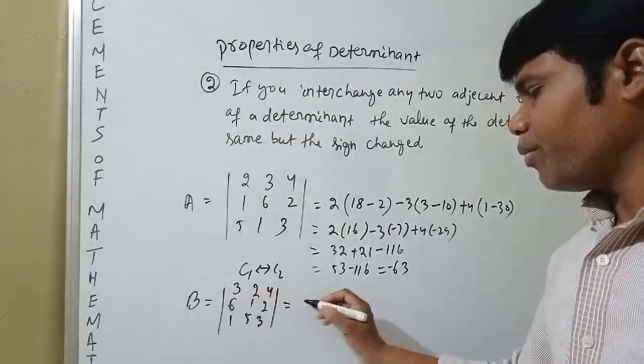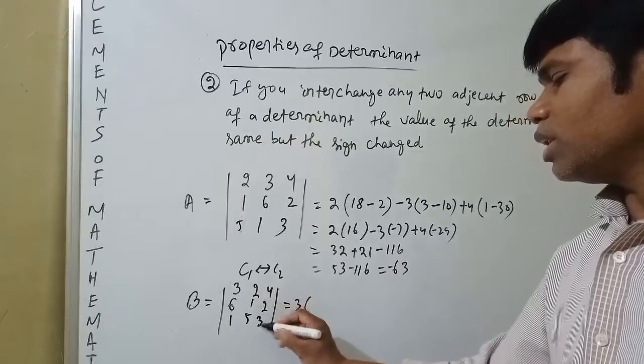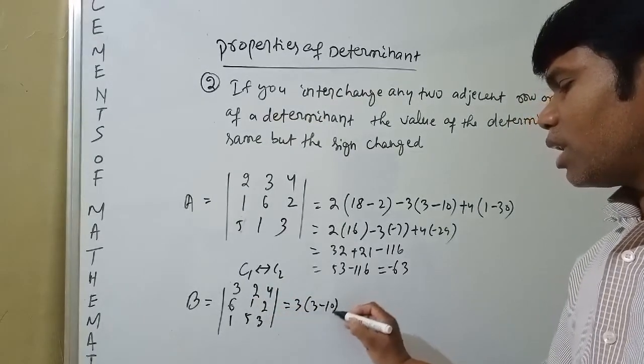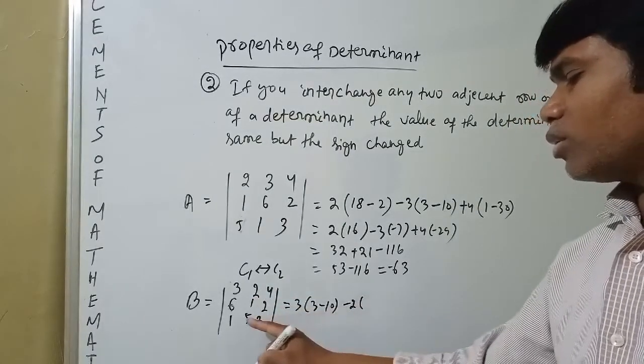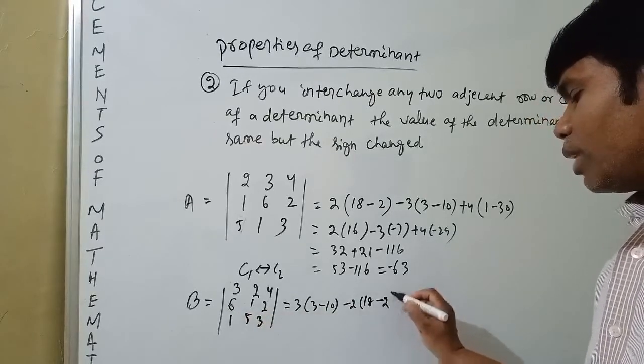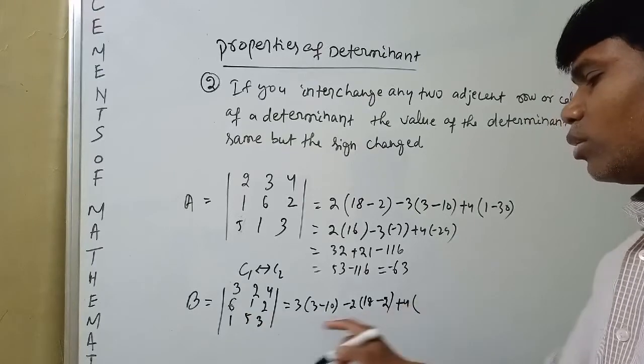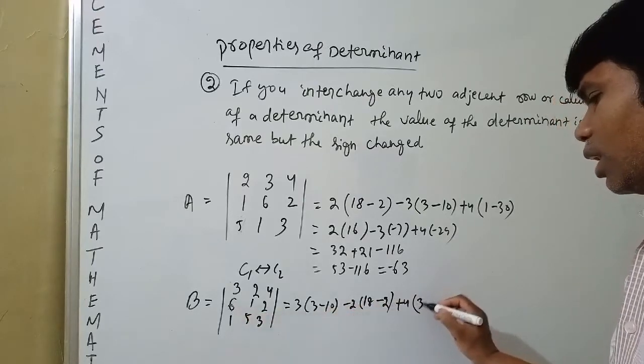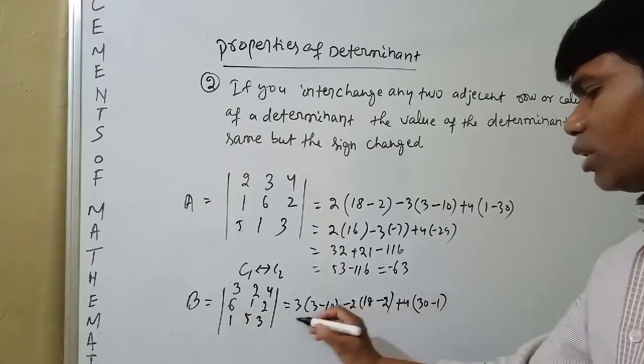You see 3 into, this is 3 minus 10, this is minus 2 into 18 minus 2, 1 into 2, plus 4 into 30 minus 1 is equal to, you see how much?